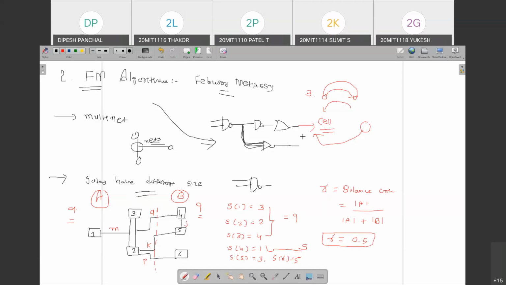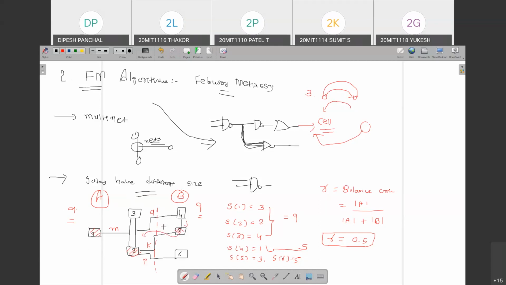Only one node you can move. Suppose after doing the gain calculation you find that the gain of this cell is maximum. Only that cell you can move from A to B. Once you move that, do the gain calculation again. Let's say you find you can move these two, so only these two you move from A to B. Next time you calculate the gain and find that 5 has the maximum gain, so only 5 you can move.